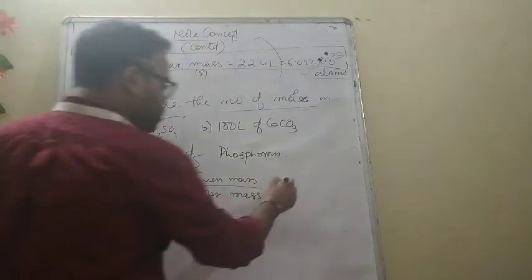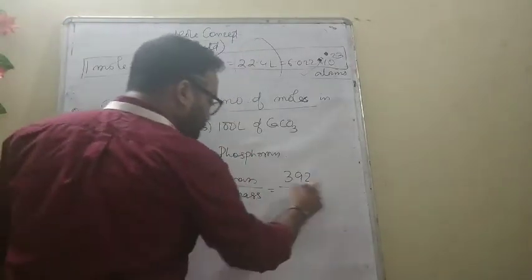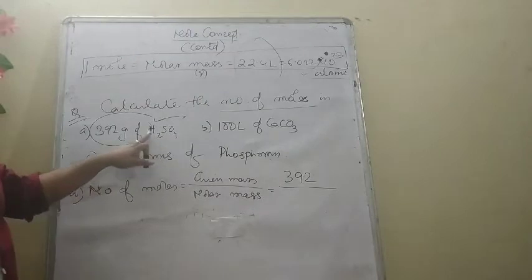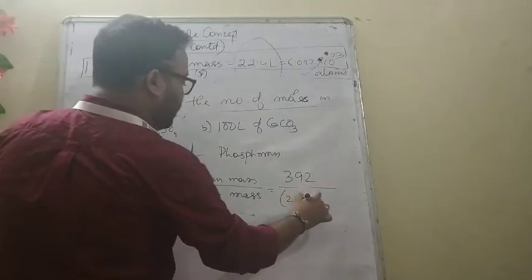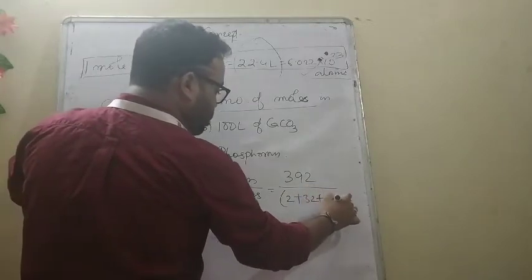That is equal to 392 divided by, take out the molar mass, H2SO4 मतलब 2 plus 32 plus 64.